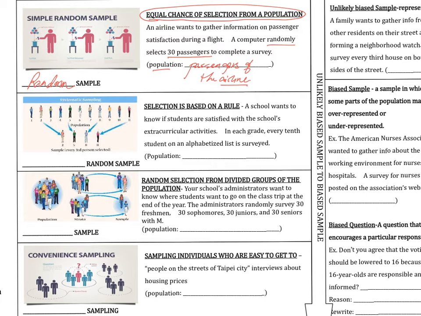And the next type of sampling method is called the systematic random sample. It is a selection based on a rule.